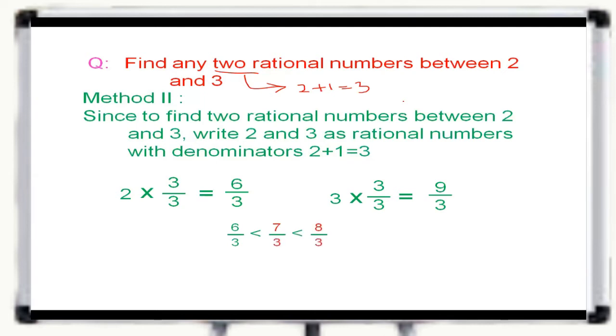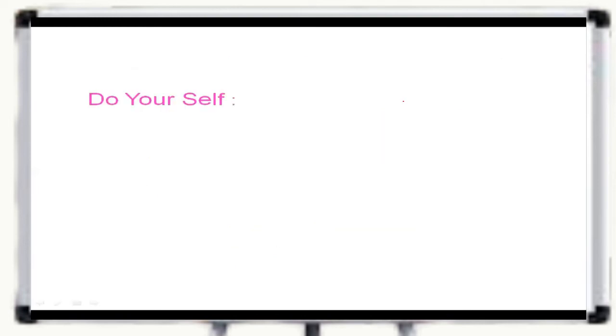So between these two rational numbers, the first number is 6 by 3, then 7 by 3, then 8 by 3, and the last number is 9 by 3. 6 by 3 means 2 and 9 by 3 means 3. So between 2 and 3 the rational numbers are 7 by 3 and 8 by 3.